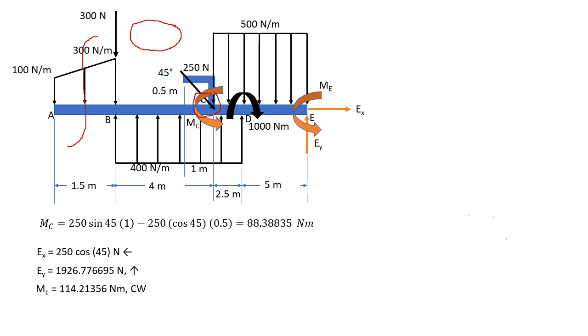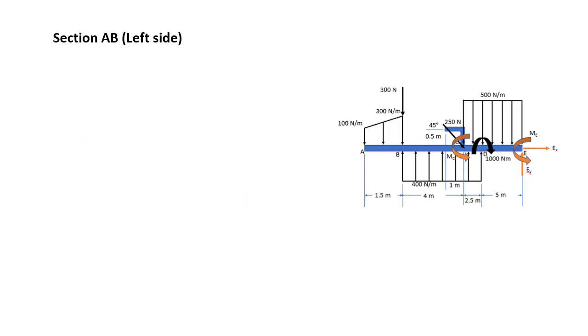We section at a point somewhere between A and B. And then B to C, since C is your next change of load point, another section there. And then from C to D, another section. And then lastly from D to E. So we have 4 sections here.